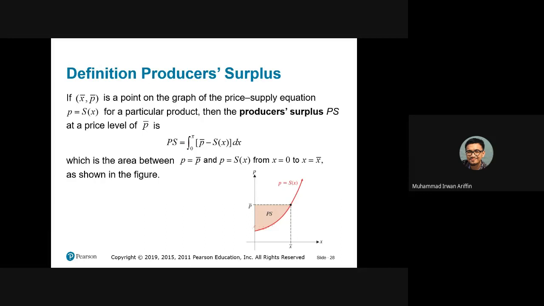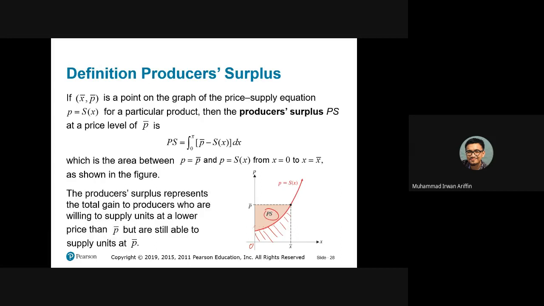It would be from 0 to x bar, the market quantity, and we simply take the area of this rectangle under P bar and subtract the area under the supply curve, because this is the area of interest for producer surplus. It represents the total gain to producers who are willing to supply units at a lower price than P bar, but are still able to supply units at P bar.